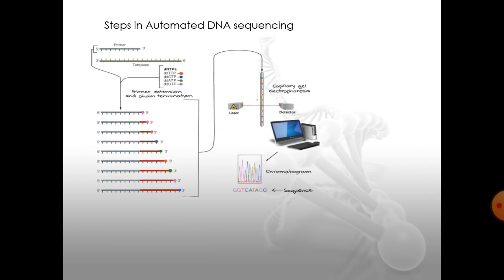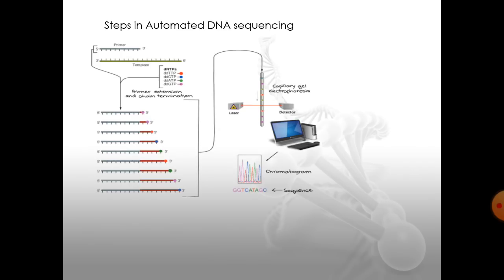Once the primer binds, the temperature is raised again, which allows the DNA polymerase to synthesize new DNA starting from the primer. Now the DNA polymerase goes on continuously adding the nucleotides to the chain until it adds a dideoxynucleotide instead of the normal dNTP. So at this point no further nucleotides can be added. So the strand will end with the dideoxynucleotide.